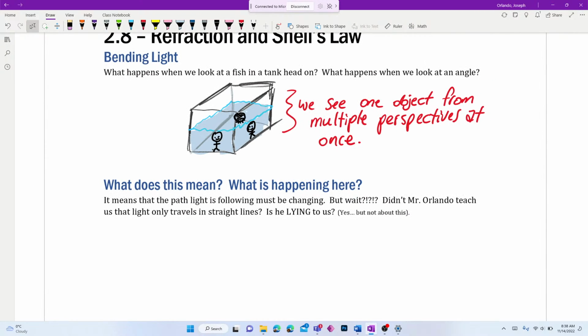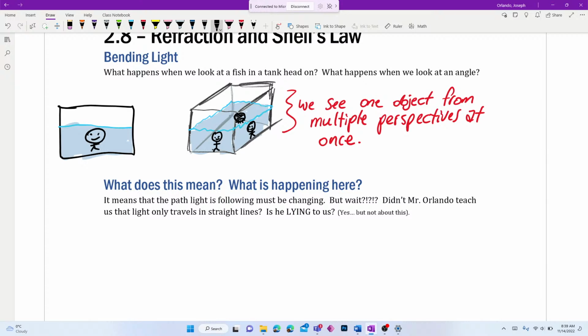All right, so when we look at the fish tank head on, we just see the weird phrenology model. But when we look from an angle, we see him from multiple perspectives all at once.